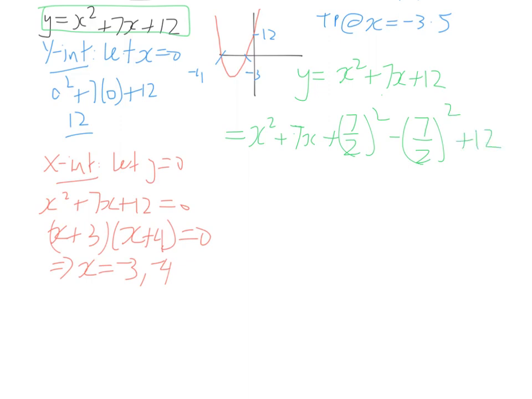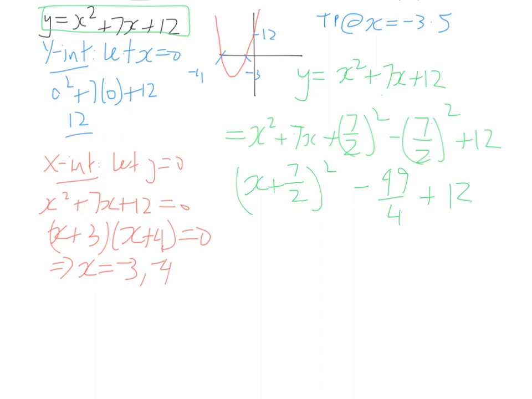So now from there, I can see that this will factorise to x plus this. So we'll say this becomes x plus 7 over 2 all squared, and then minus 7 over 2 squared, which is 49 over 4 plus 12.